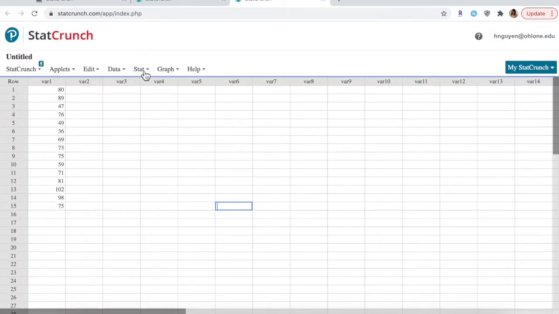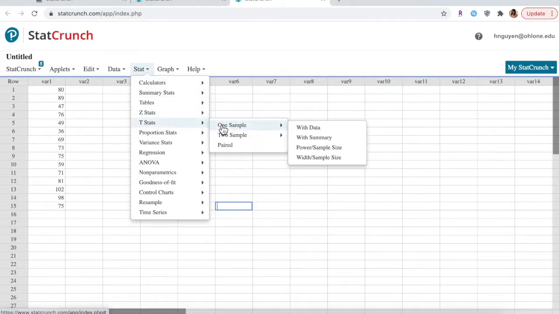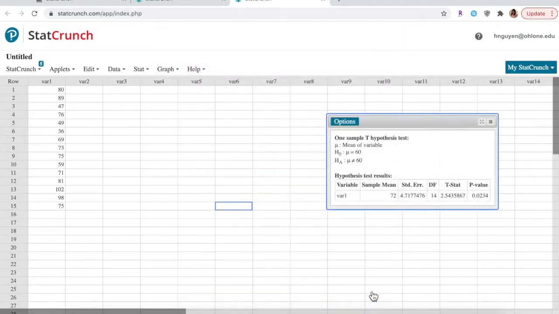We are going to click on Stat, T Stats, one sample with data, because I have the raw data. Choose a column where you saved your data. In here, mu equals 60, and we select not equal to for HA. Compute. This is the test statistic, and this is the p-value.